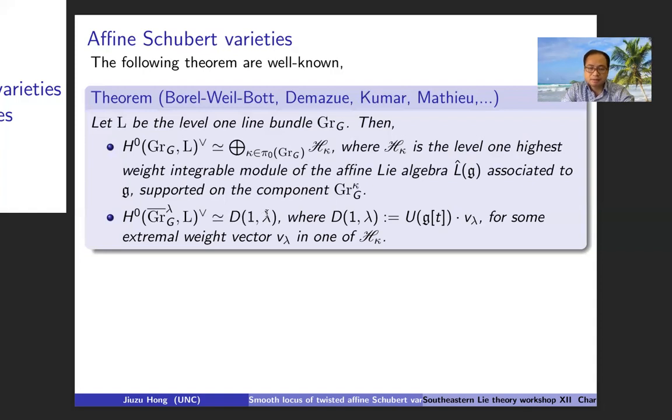So the lambda is originally given as a dominant co-weight. In fact, this affine Demazure module can be defined as the cyclic module of the enveloping algebra of g[t], the current algebra, generated by v lambda. v lambda is a certain extremal weight vector in this highest weight module.